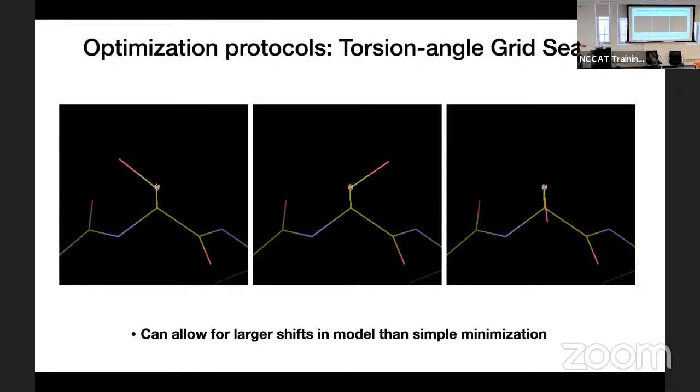And so taking the simplest possible side chain, well, not the simplest possible, but the simplest one that has rotameric states, we can think this serine side chain has 3 possible rotamers, right? And so we can try all 3, do refinement on all of them, and see which one gives the best possible outcome.